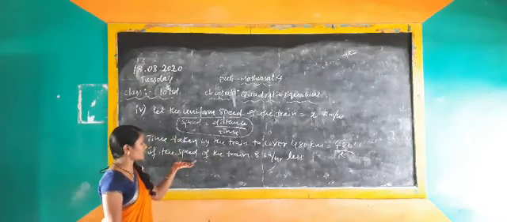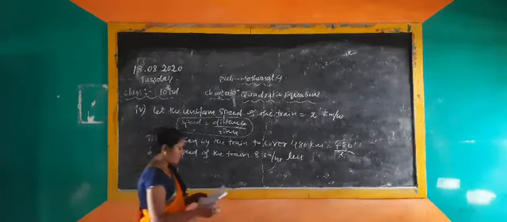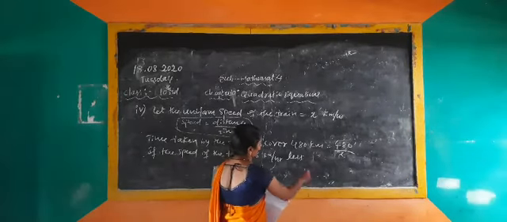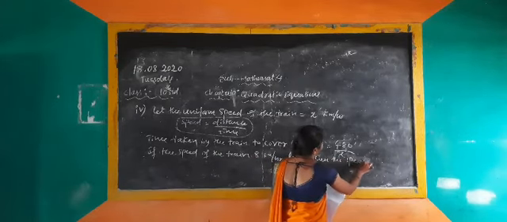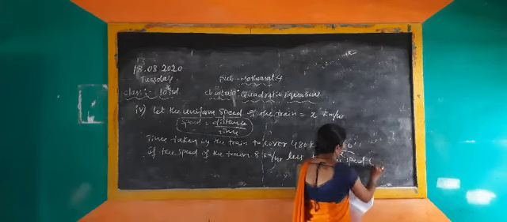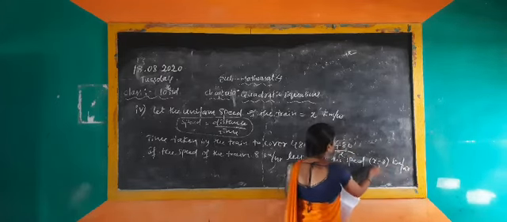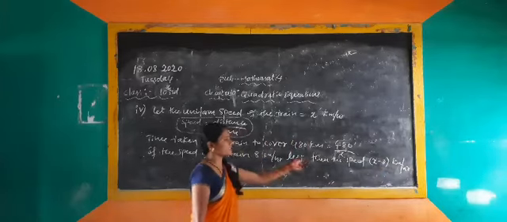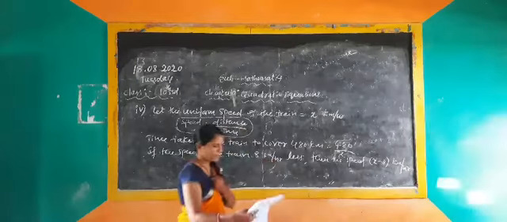Again they said the speed of the train is 8 kilometers per hour less. Then the speed will be x minus 8 kilometers per hour. Why minus here? Because less is there, that's why minus. If more is there, you have to take plus.